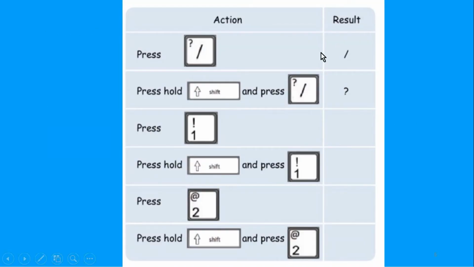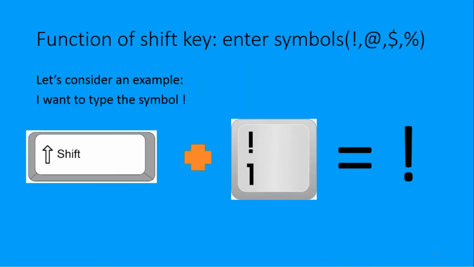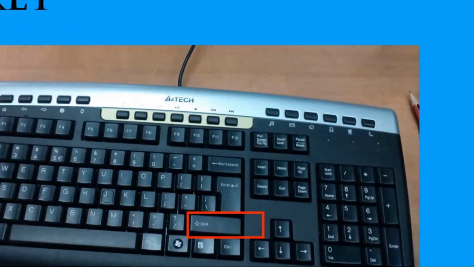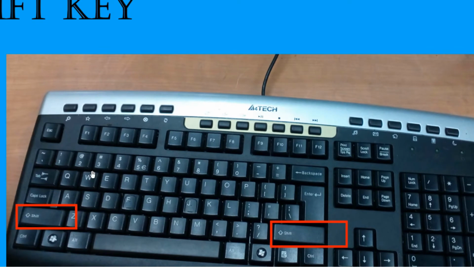Now, before we work out this question, I will show you something. On every key from 1 to 0, you have some symbols above.